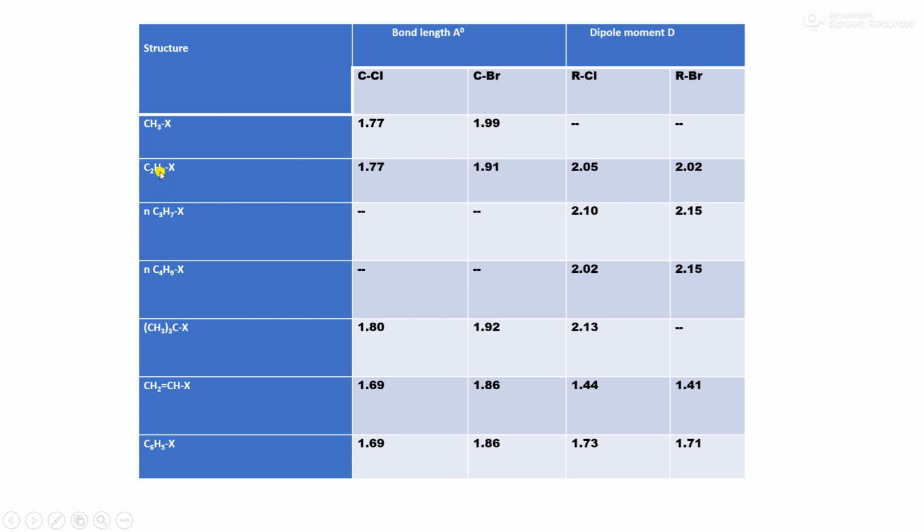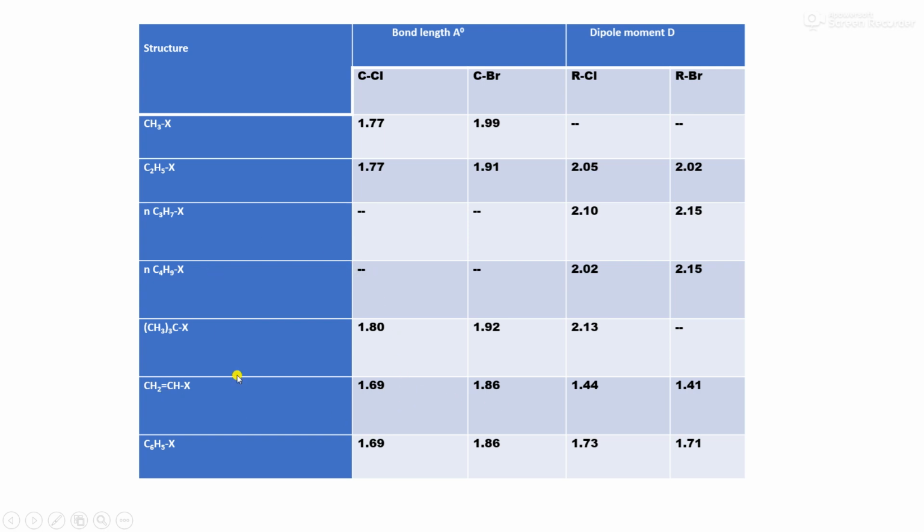And bond length also depends upon the alkyl group. Here we have taken methyl, here we have ethyl group. The bond length is the same in C-Cl, but the bond length in C-Br is reduced by a certain value. In the first compound it was 1.99, but it is 1.91. So bond length depends upon which type of alkyl group is attached to the halogen atom and which halogen is attached to the carbon atom. Various functional groups also decide the bond length.